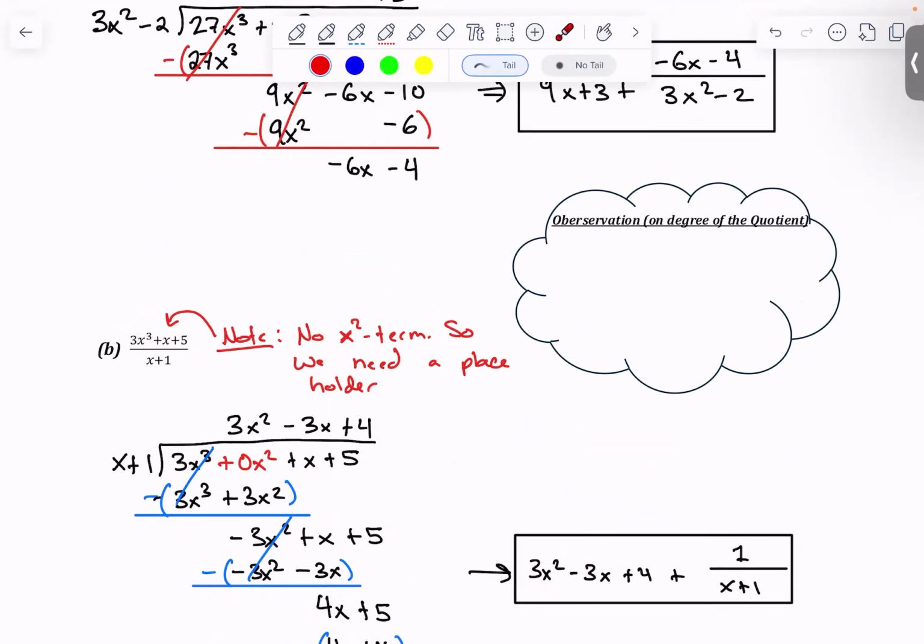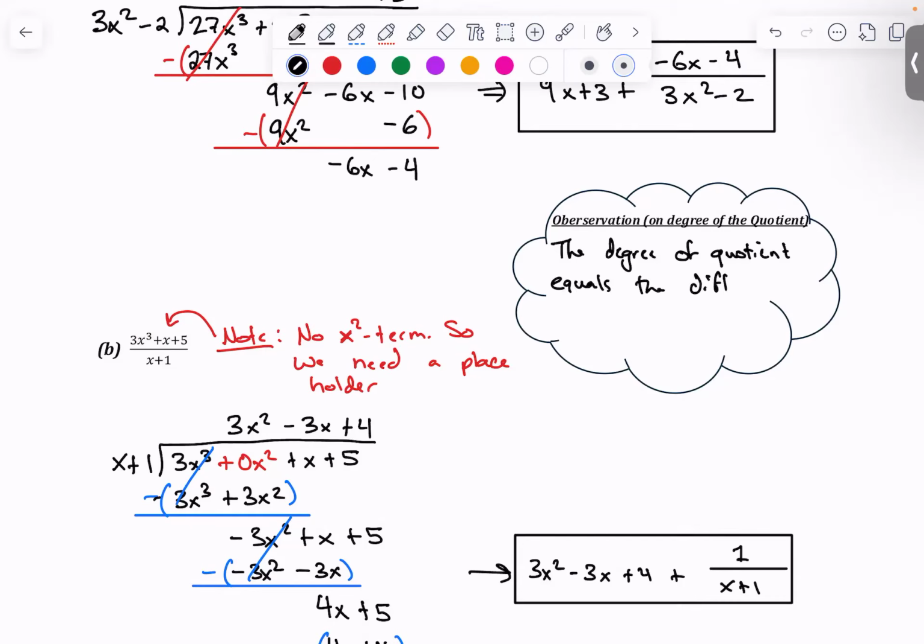This happens every time. So the degree of the quotient equals the difference of degrees of dividend and divisor.